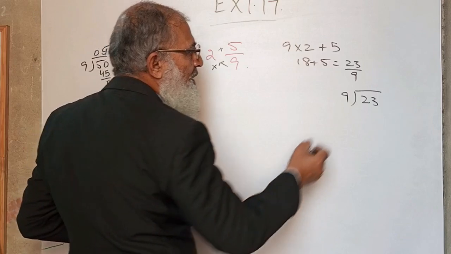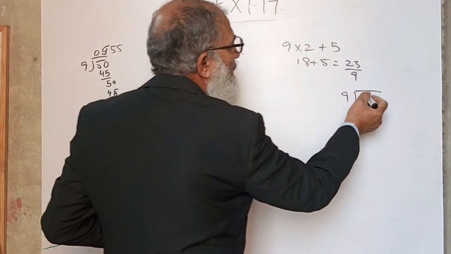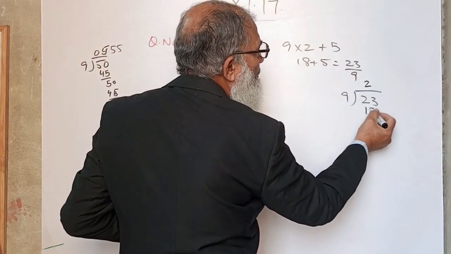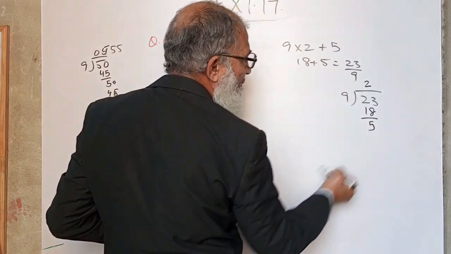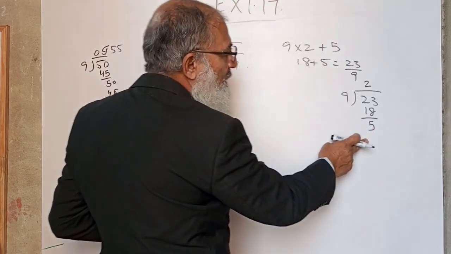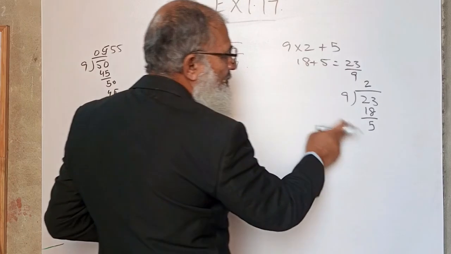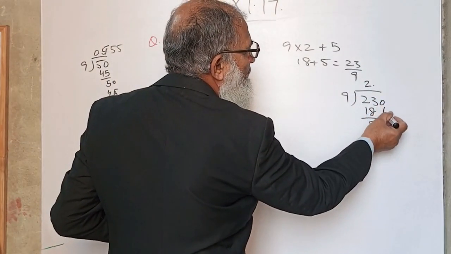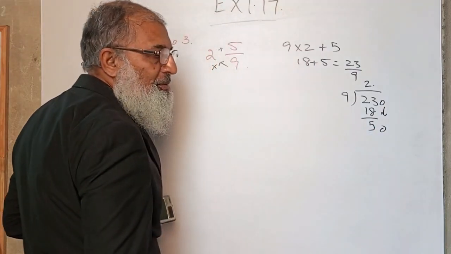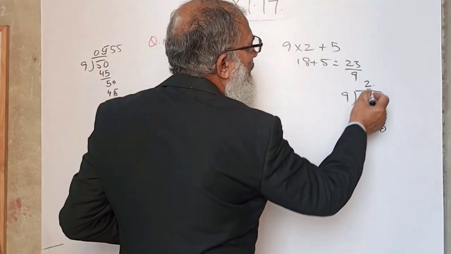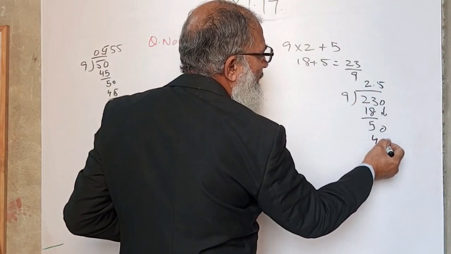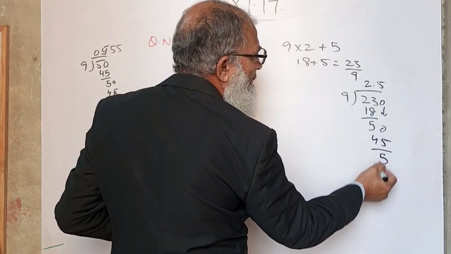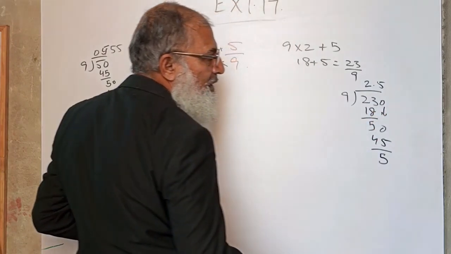So you have to divide it like this, if doing manually. 23 divided by 9: 2 times 9 is 18, leaving 5. 5 is not divisible by 9, so put a point, put a 0, bring it down, so it becomes 50. 5 times 9 is 45, and 5 remains. The point is already over there.